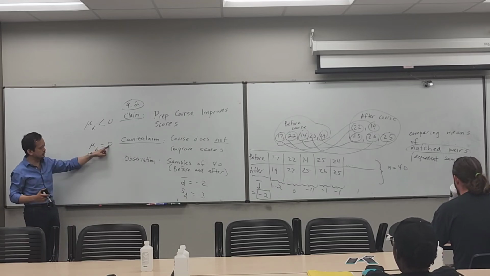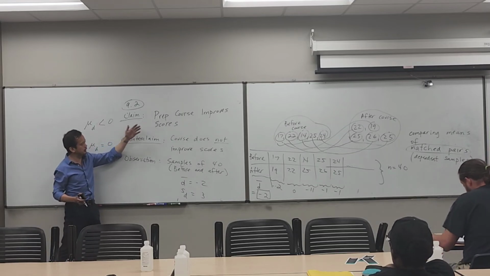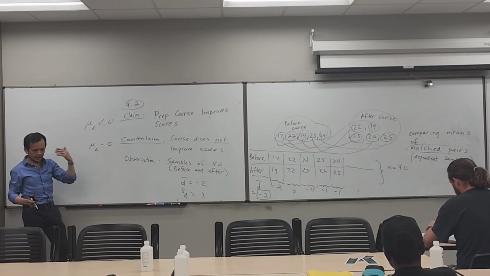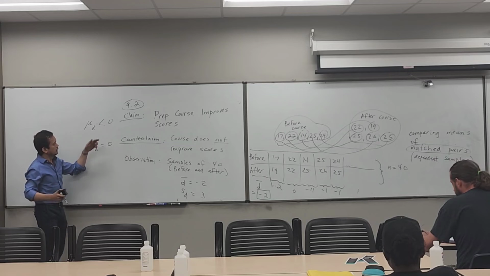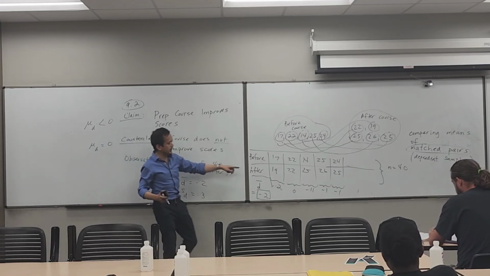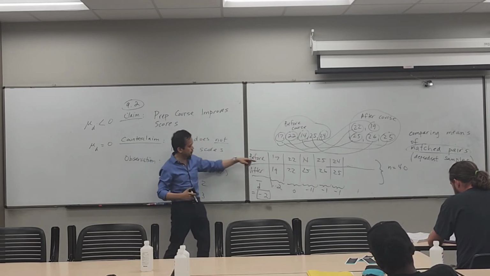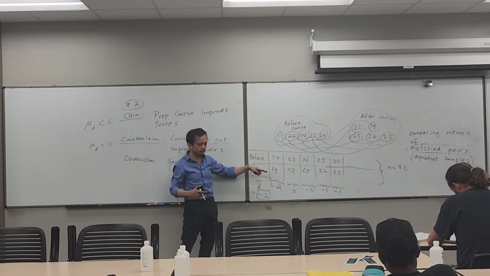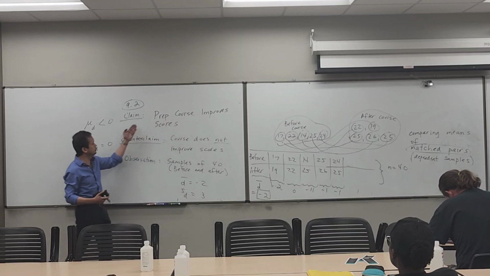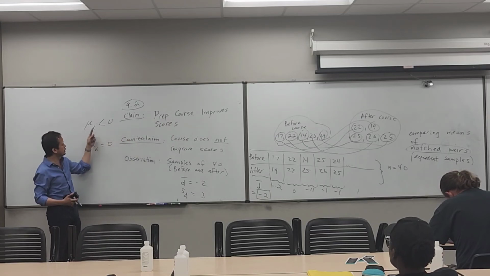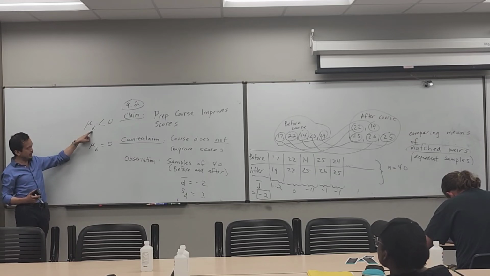If the test prep course does improve scores, then for each person in the whole population taking the course, their after score will end up being higher than their before score on average. So the convention we're taking is before minus after, and so if the after score is higher, then this will end up being a negative number. So if the course does improve scores, then this average difference before minus after will be less than 0.